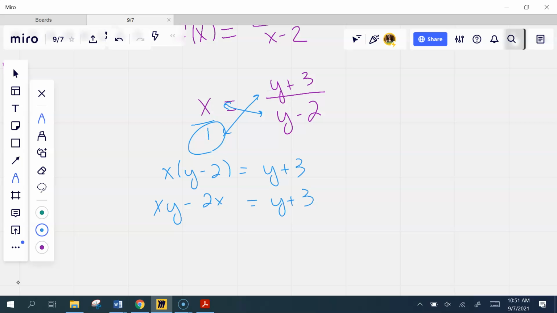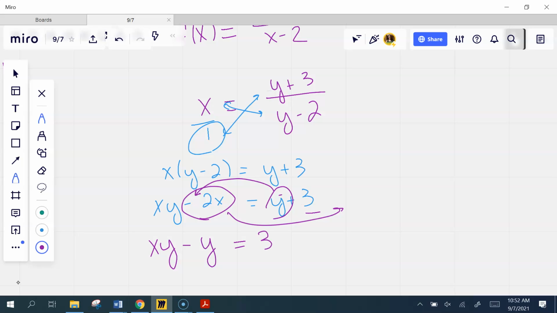I'm going to leave this 3, but this negative 2x I'm going to put over here. I'm not saying just the x's on the other side because there could be other stuff too. So this becomes xy minus y equals 3, and I'm also adding this 2x.